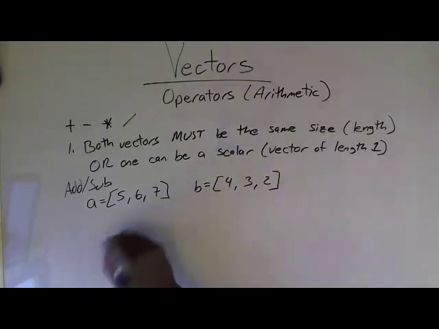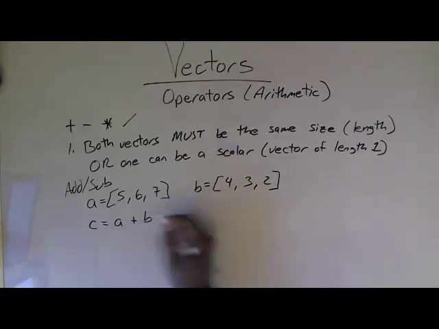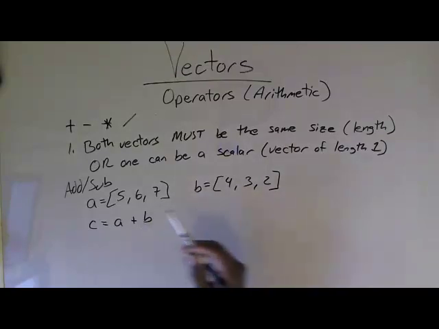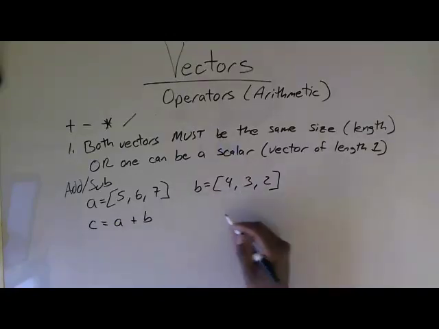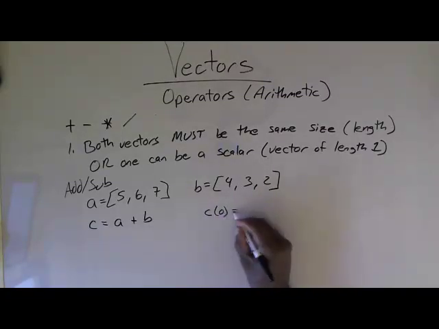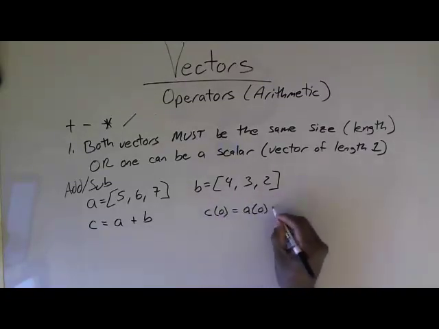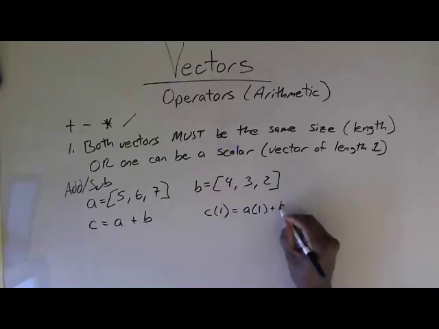If I do vector C equals A plus B, what's going to happen is we add each corresponding element in vector A with vector B. So C at 1 is going to get A1 plus B1.